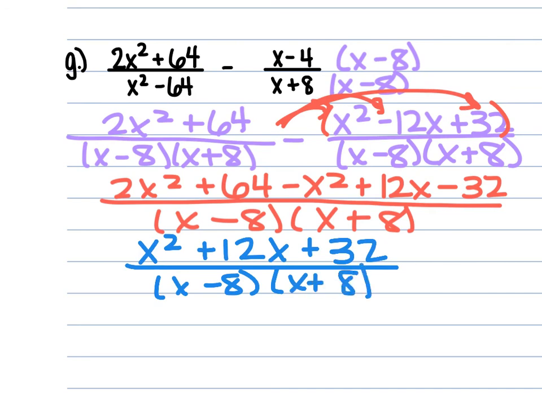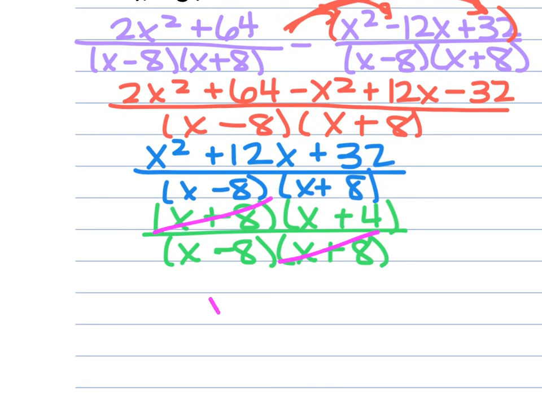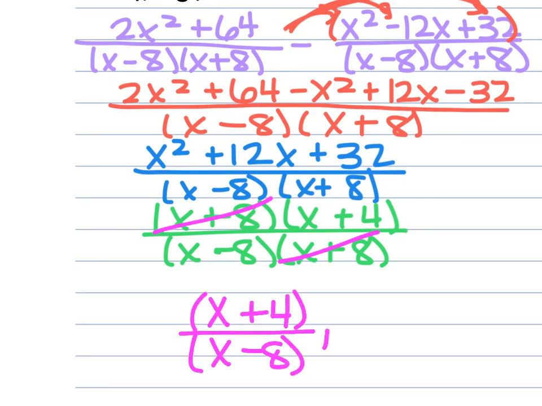From here, you can factor that, and you're going to end up getting x plus 8 times x plus 4 over x minus 8 times x plus 8. So then those x plus 8s would cancel, and we're just left with x plus 4 over x minus 8, where x cannot equal positive or negative 8.